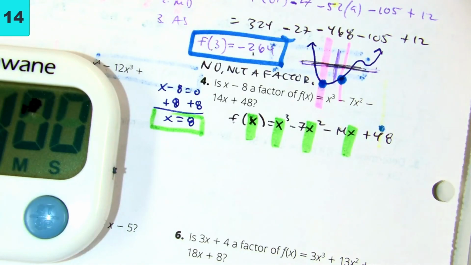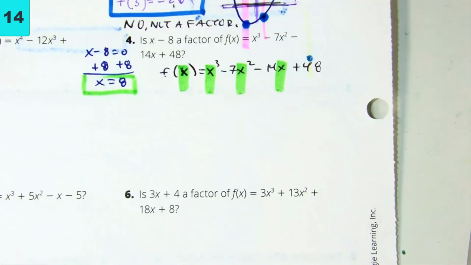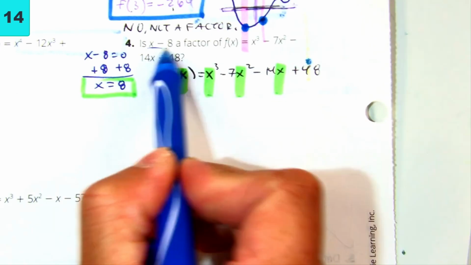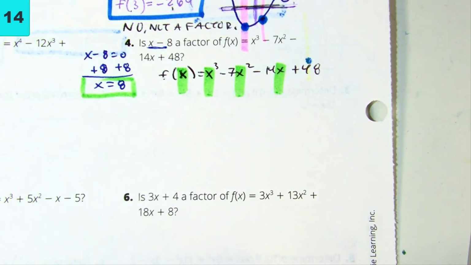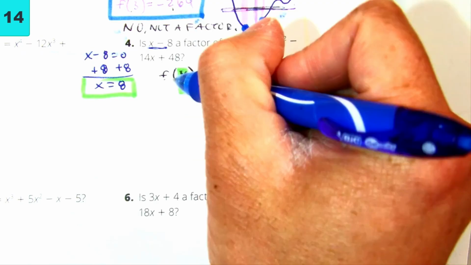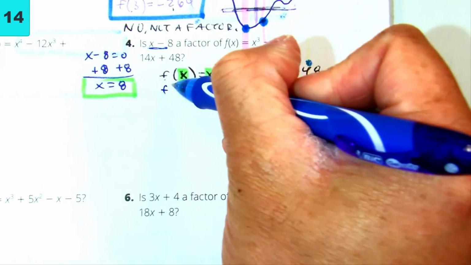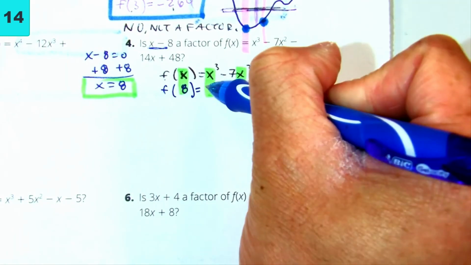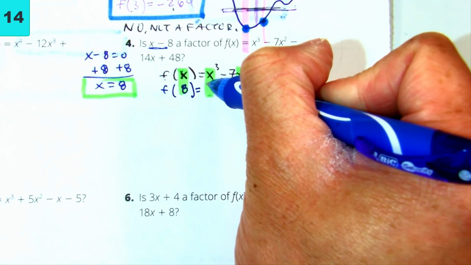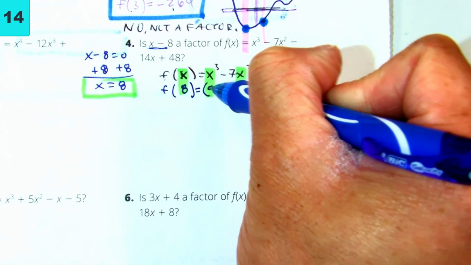Angie, help us do the substitution. We just set this one equal to 0, got x equals 8. Now we're plugging in what number for x, Angie? Alright, tell me what to write. Negative 8 or positive 8? Positive 8. There you go.